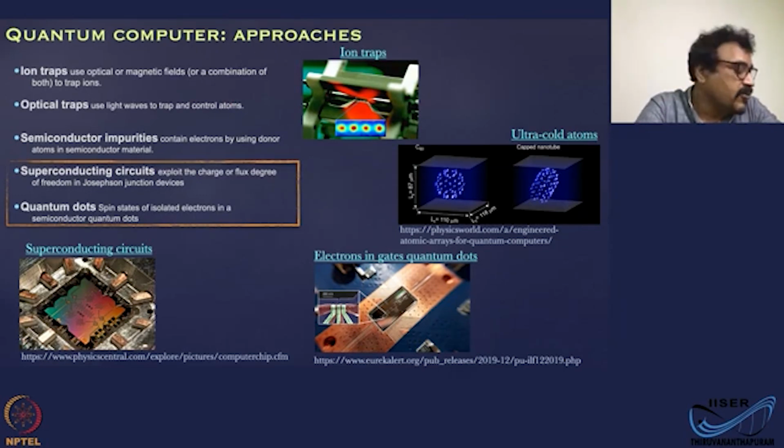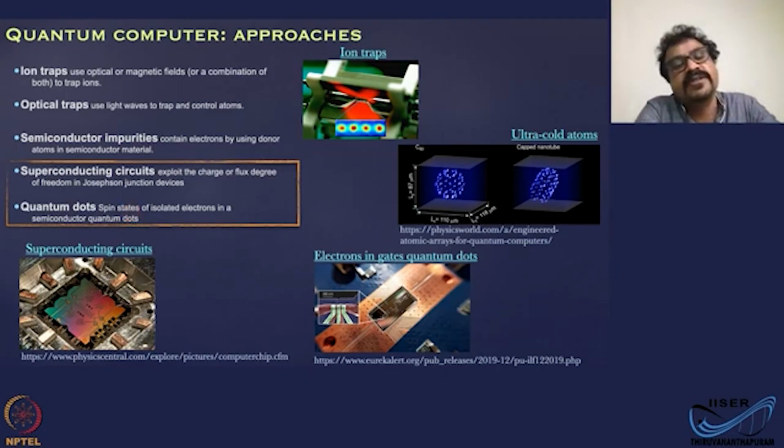Okay. Now coming to solid state systems, there are superconducting circuits and there are semiconducting quantum dots. Superconducting circuits exploit the charge or flux degree of freedom in Josephson junction devices. Okay.